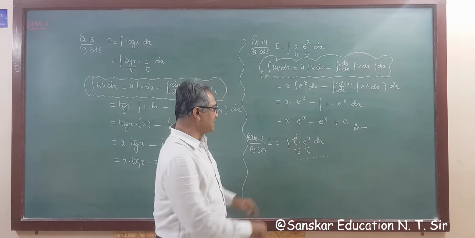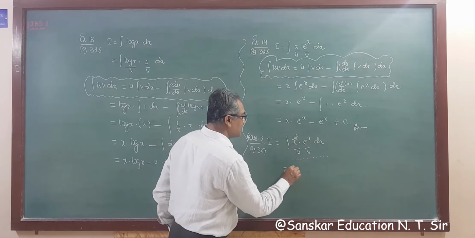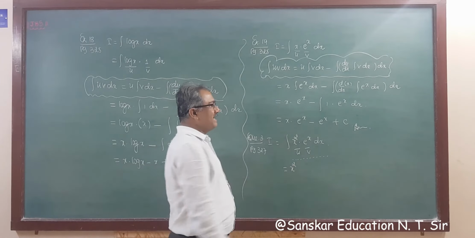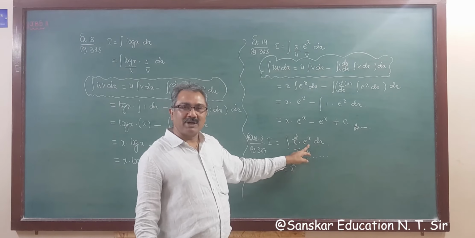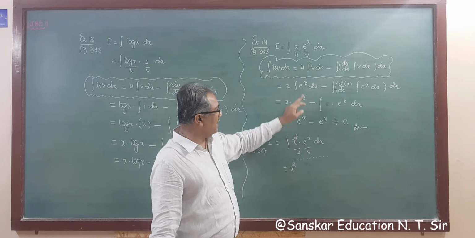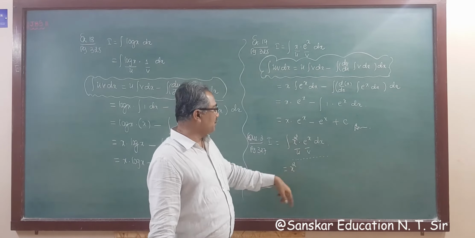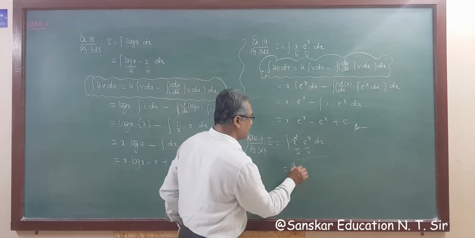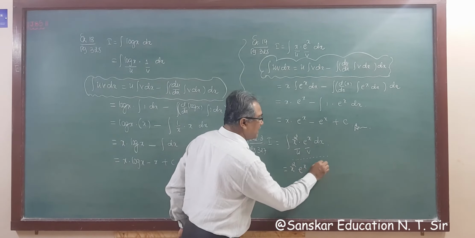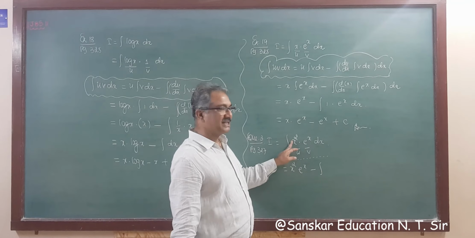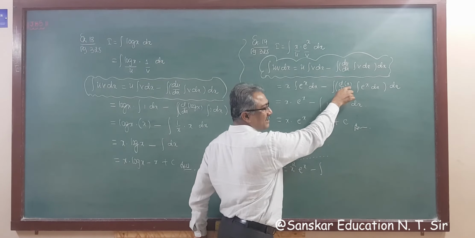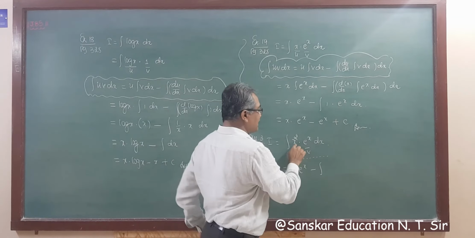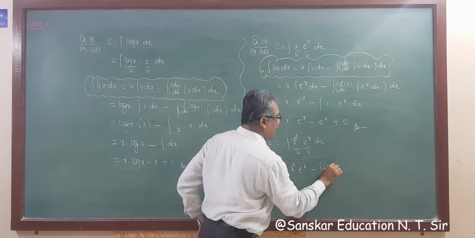So now u as it is, that is x square as it is. So the answer is x square. Integration v dx, integration of e raised to x. I am not writing this step, I am writing directly here. So integration of e raised to x is e raised to x. So e raised to x minus integration, the derivative of x square is twice x. d by dx of u, for x it is 1, here x square, so the answer is twice x.